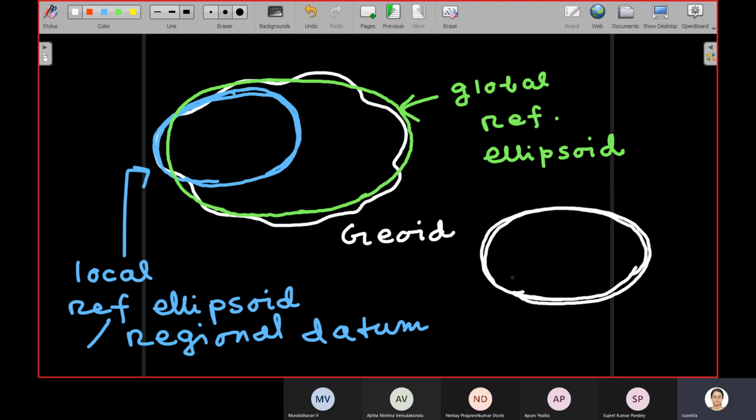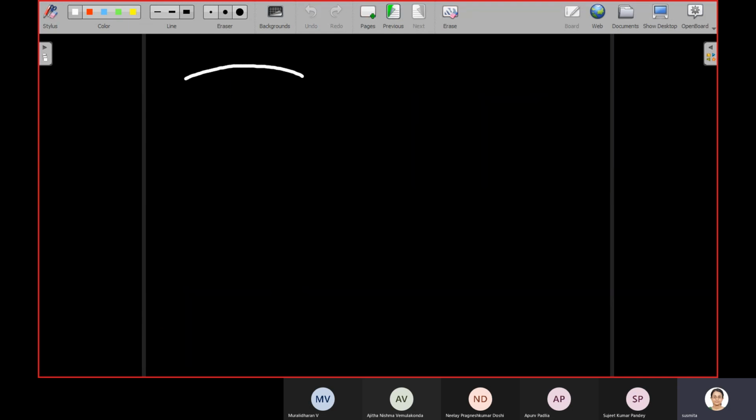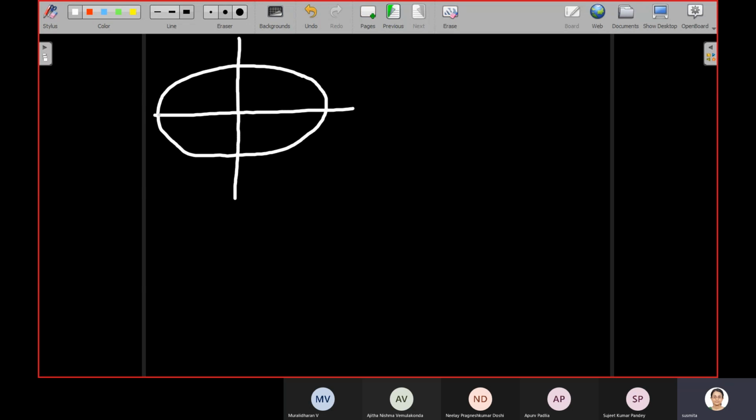So if we take an ellipse, this is the major axis, this is the minor axis, and then if you rotate it, what will we get? We'll get an ellipsoid of revolution, correct?